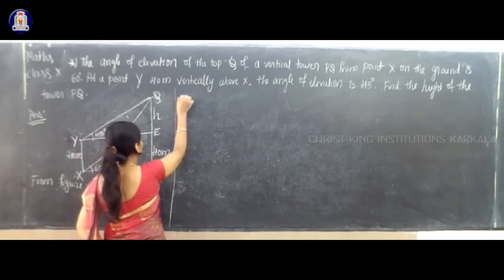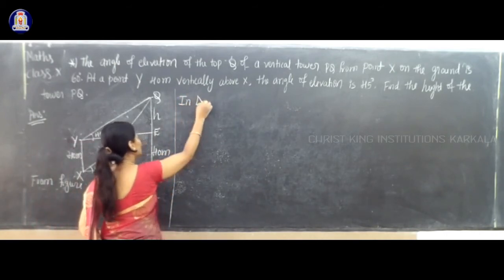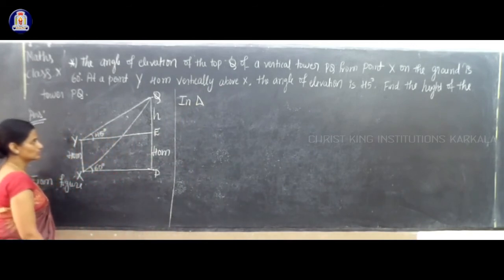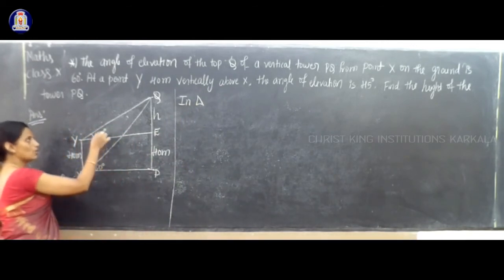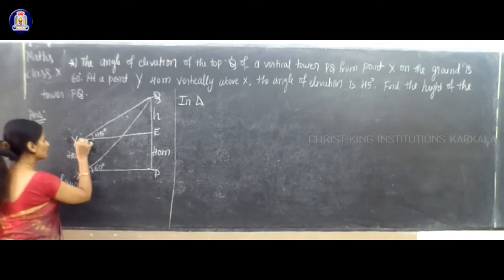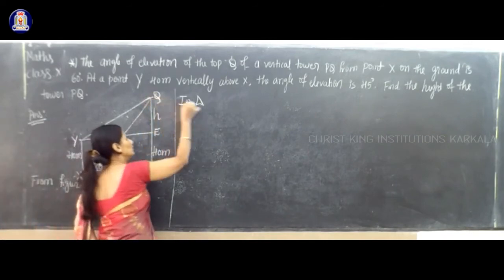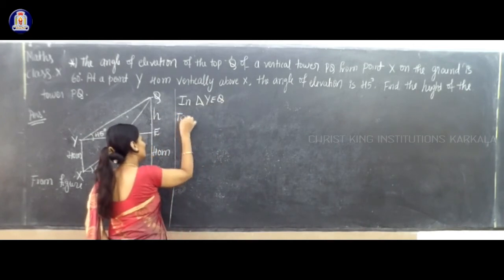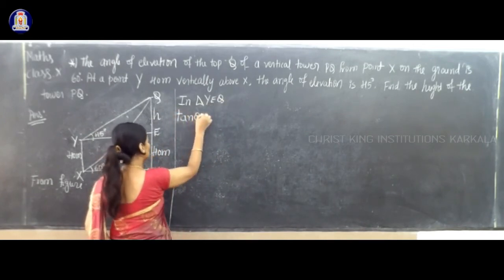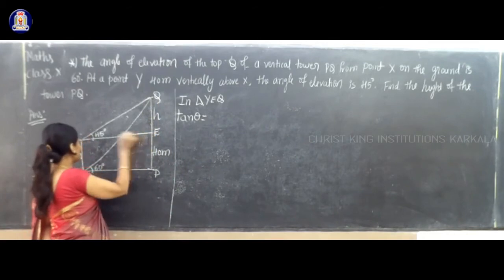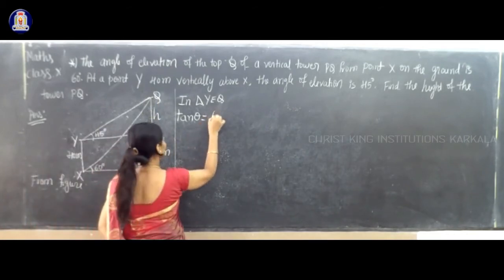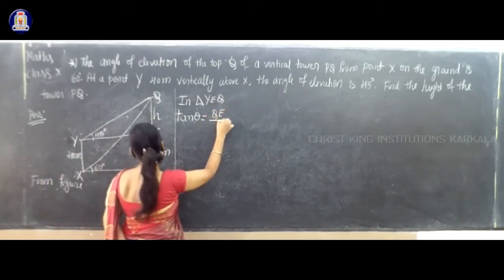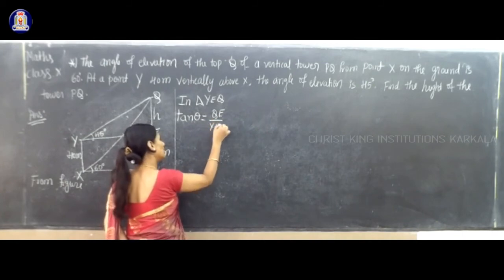In a right angle triangle, which triangle am I using? You can use this or this first. So I will use this one, YEQ. In triangle YEQ, tan theta is equal to opposite side over adjacent side. Opposite side is QE, adjacent side is YE.